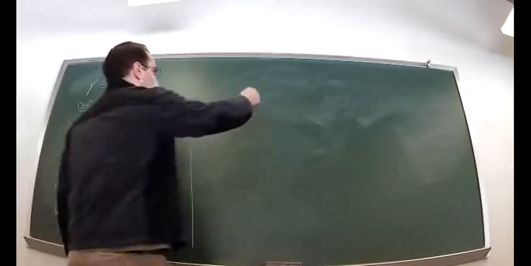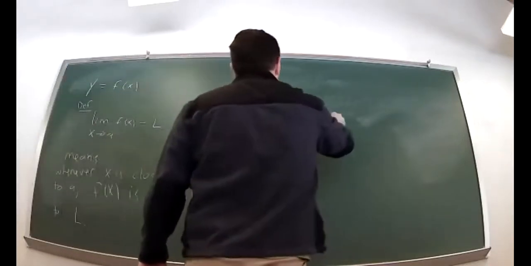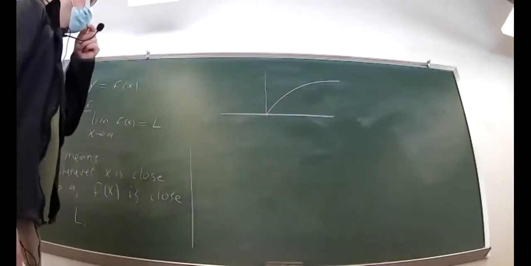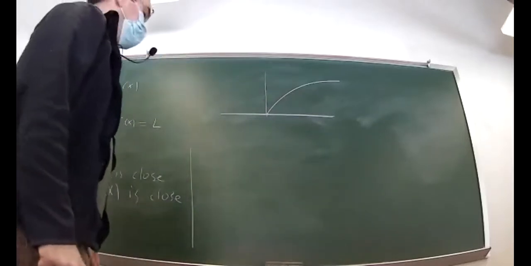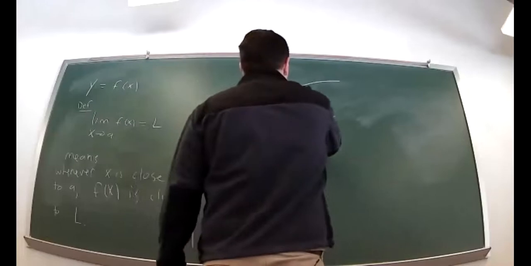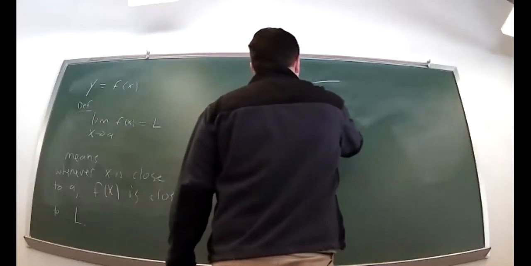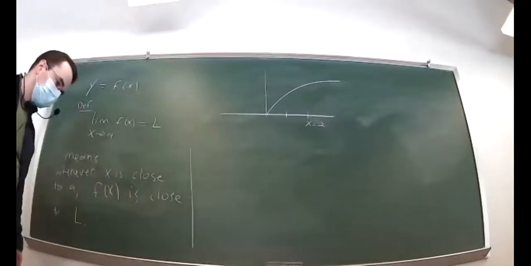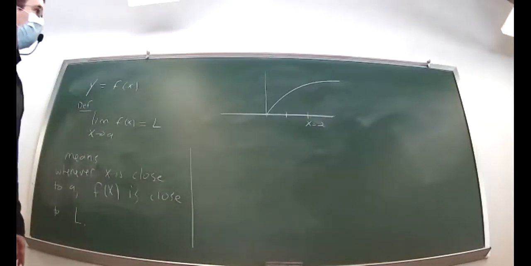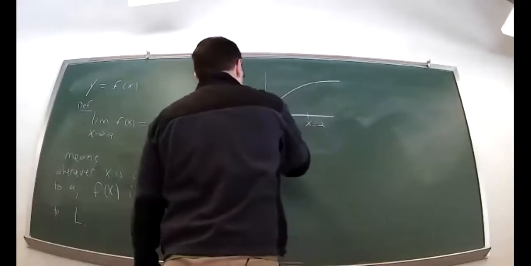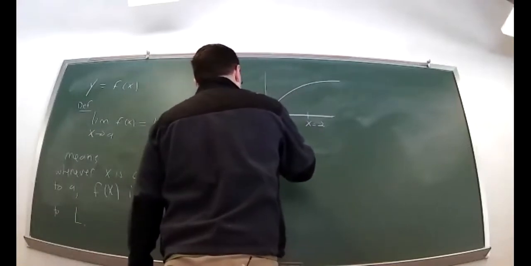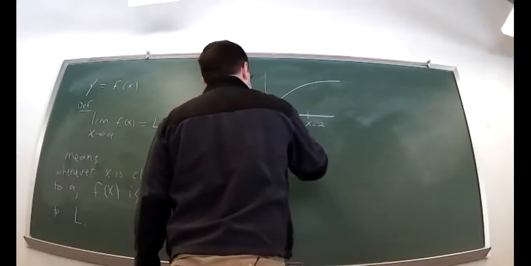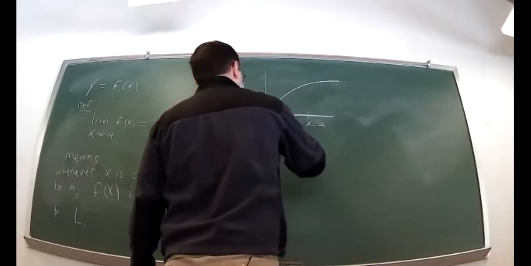If you go back and look at f of x equals square root of x, and you say something like x equals 2, I can ask you, what's the limit as x approaches 2 of square root of x?